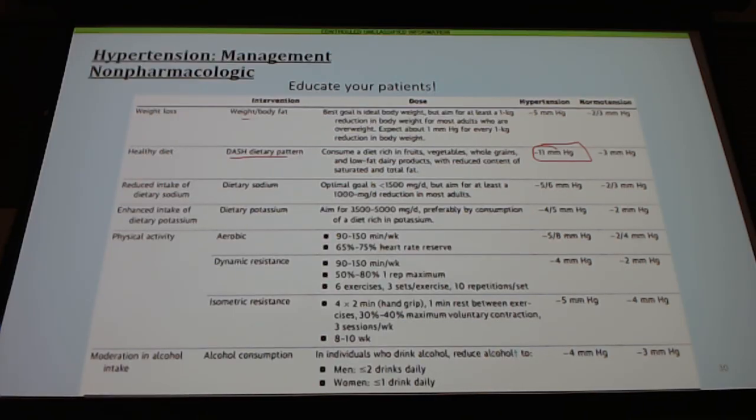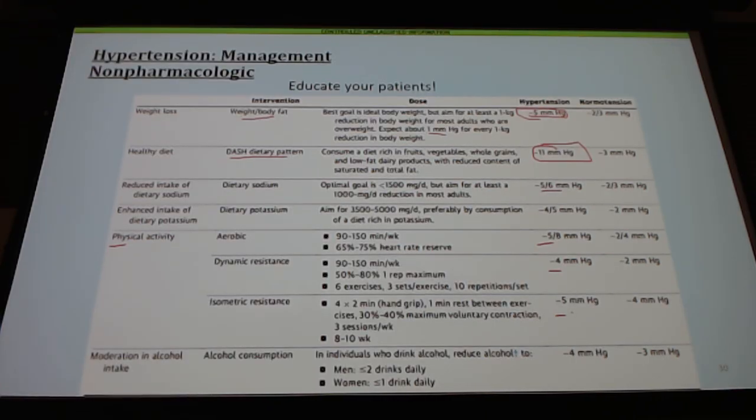If I lose weight, I can expect at least a 1 millimeter of mercury drop for every kilogram I lose. The literature shows on average a 5 millimeter drop simply by losing weight. If I reduce sodium, that's another 5 or 6 point drop. If I get off the couch and start exercising, I can have additional drops in my blood pressure.